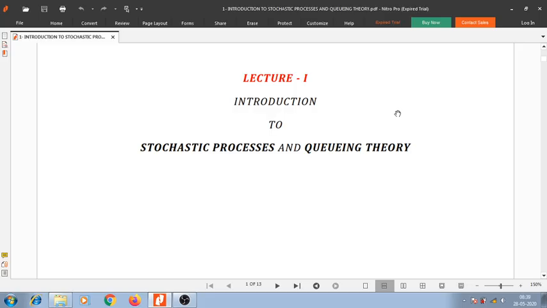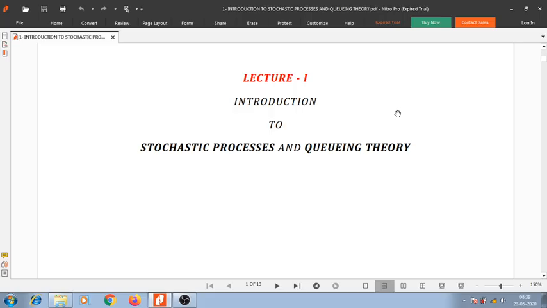The second lecture is on arrival distribution as well as service time distribution. The third is the classification of queuing models like finite capacity and infinite capacity. The fourth is on the operating characteristics of queuing systems. The last is on applications of queuing systems in different cases, right?